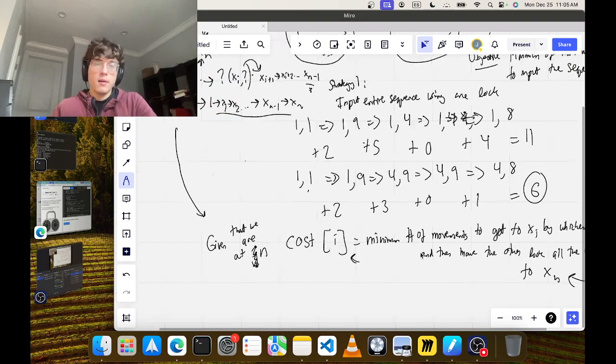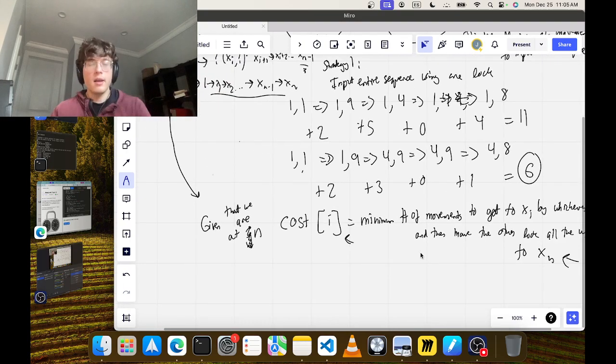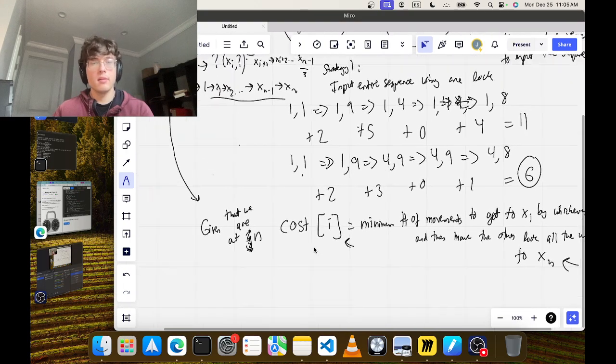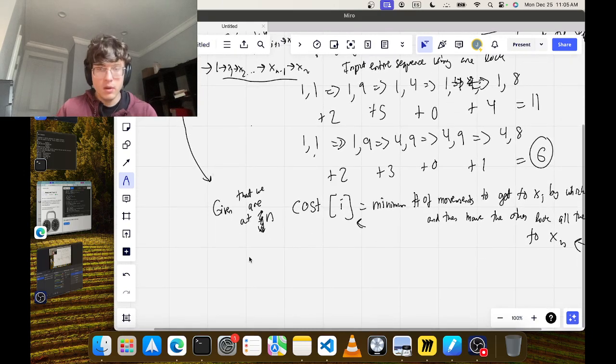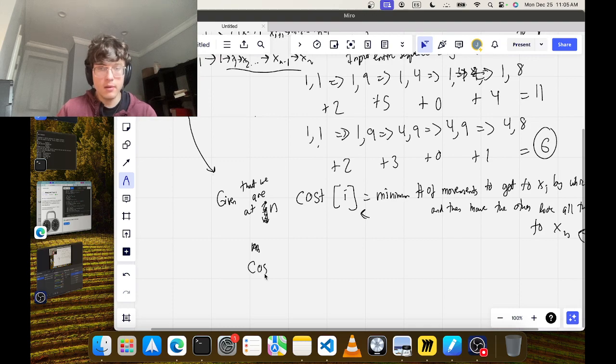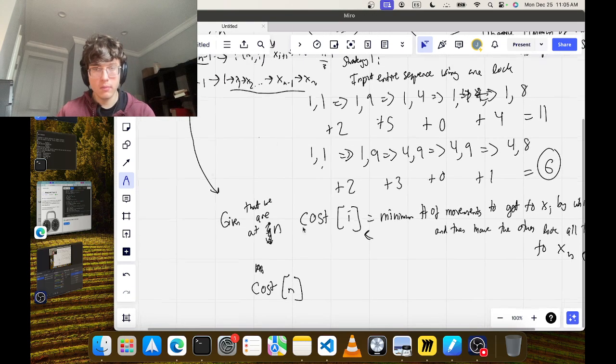So I guess, if we are at n, we have this cost of i. In order to find cost of n, we're going to look through all of these possibilities.